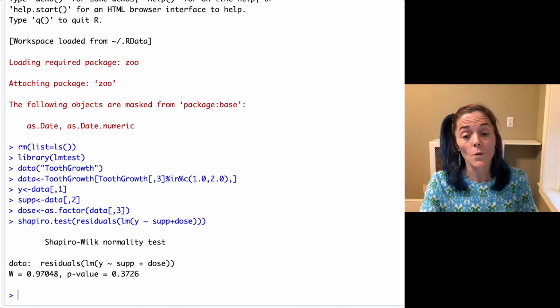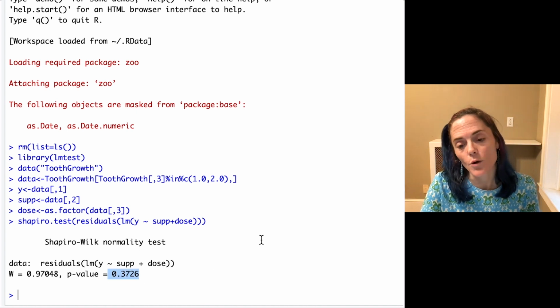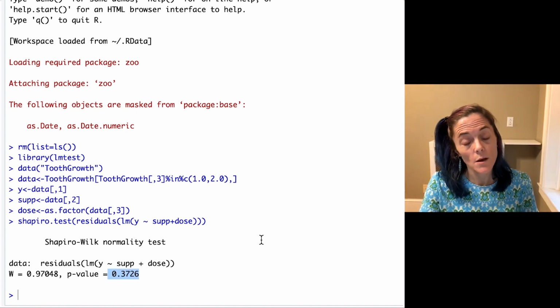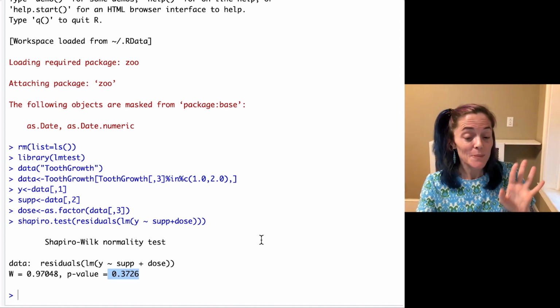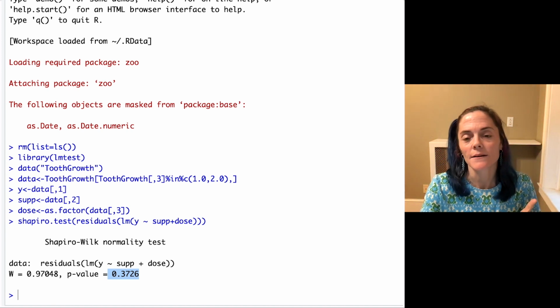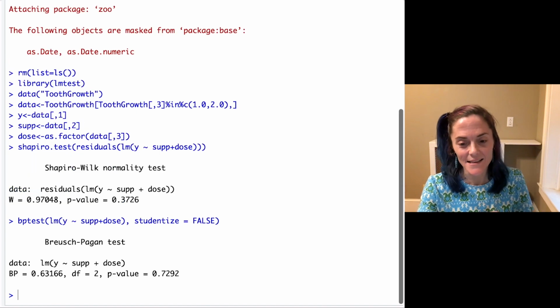Here is the Shapiro-Wilk test. You notice this is a large p-value, 0.3726. Okay, that looks good. I failed to reject the null, which means I cannot conclude the residuals are not normally distributed. And then we have this Breusch-Pagan test.